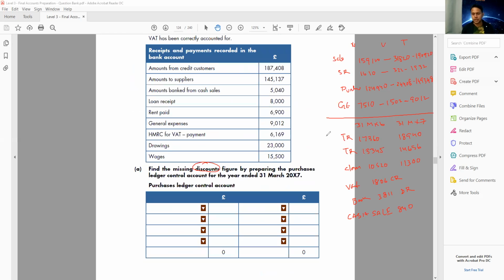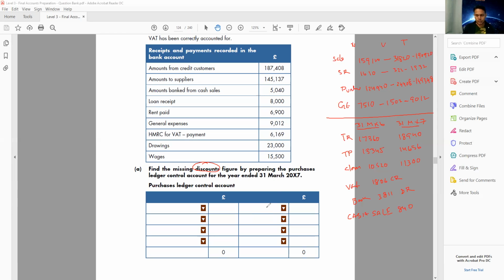So this one is trade payable, not receivable. So let's write it down. Trade payables. So let's do the opening balance. This is the opening balance, and that's the closing balance we have.